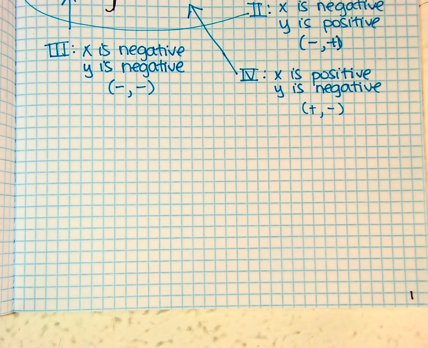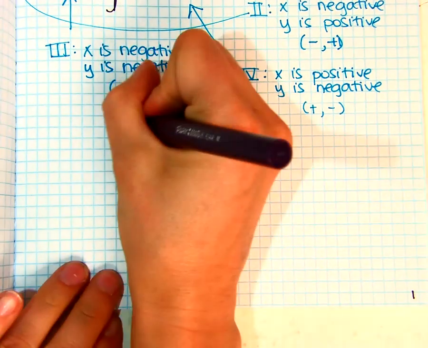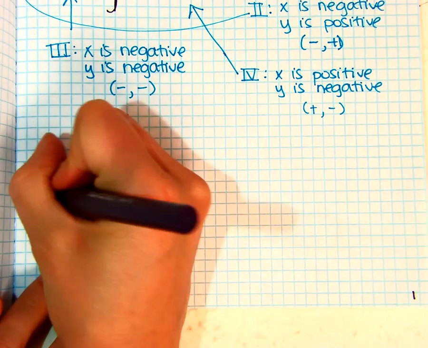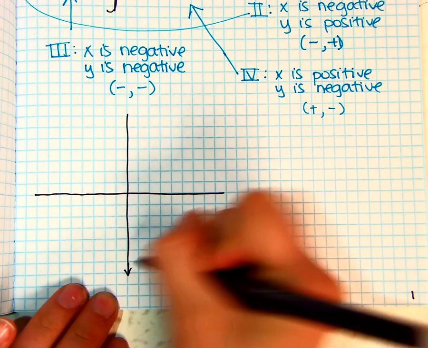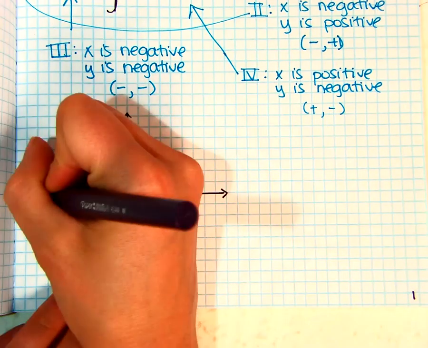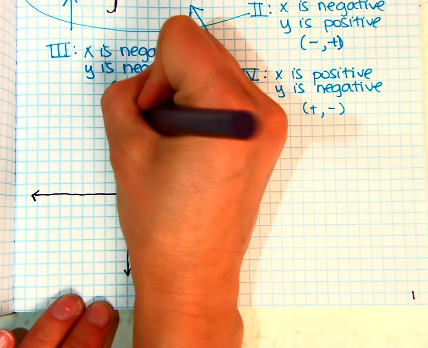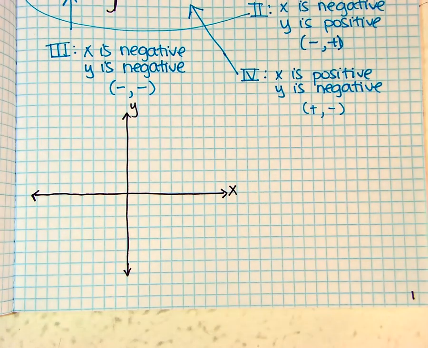So if we take our coordinate plane, I always find it helpful to label. Okay, y goes up top, x is on our horizontal side. And we always start from the origin when we're labeling points.